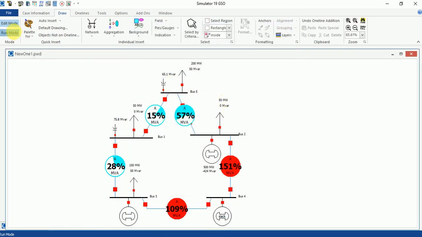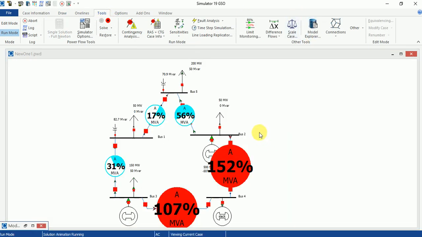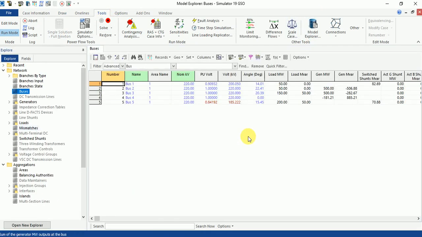Now again run the system to observe the values of the bus bars. As you can see, the value of the bus bar has been improved from 0.8 to 0.90 per unit, but bus number 5 is again showing a value of 0.84.